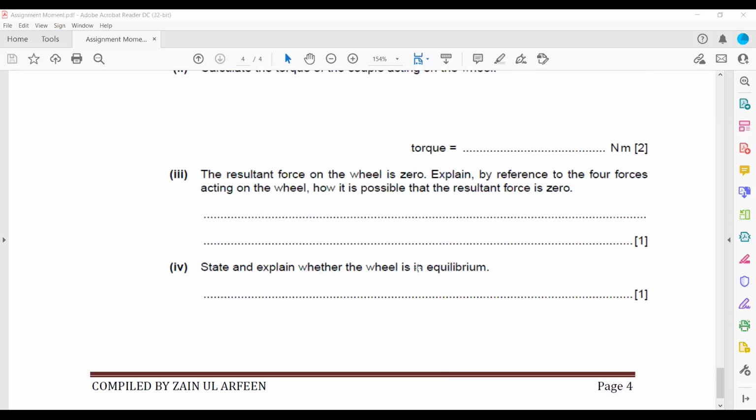So the question is, the resultant force on the wheel is zero. Explain why. The two 35 Newton forces are equal in magnitude and opposite in direction, and the weight, which is downward, balances with the normal contact force.